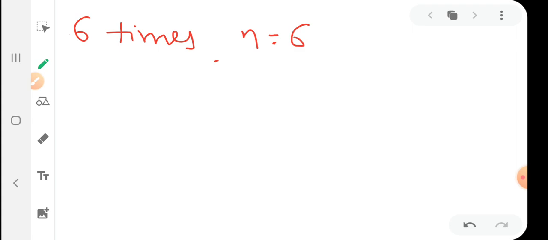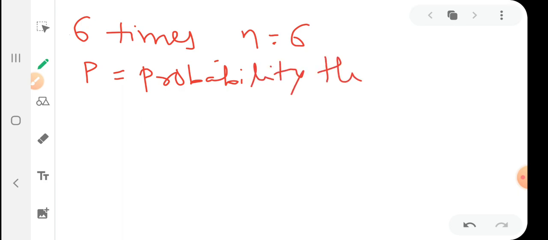So I have to first define the probability of success and the probability of failure. My P is the probability of success, meaning the probability that a head appears, meaning getting a head.